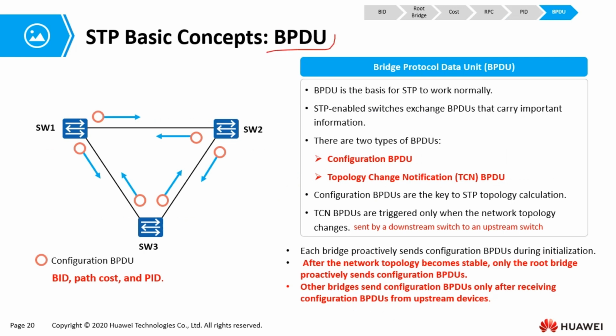Another one is the BPDU, the Bridge Protocol Data Unit. Under STP, we have two types of BPDU: one we call the configuration BPDU, and another we call the topology change BPDU. The configuration BPDU consists of your bridge ID, path cost, and also your port ID.